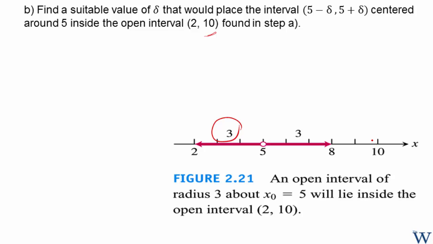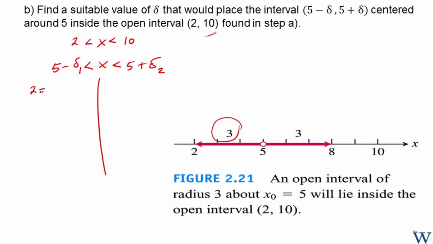If x is between 2 and 10, we see that we want our x to be between 5 minus delta and 5 plus delta. Let's take delta 1 and delta 2. Setting 2 equal to 5 minus delta 1, delta 1 is equal to 5 minus 2, which is equal to 3.